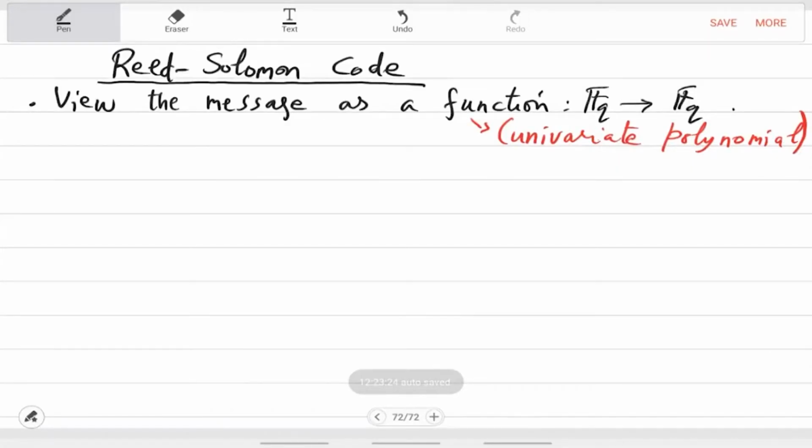Yeah, so you use the other representation, which is what we also did for polynomial multiplication, that you compute the polynomial and you send the function values. So if you send a lot of function values, even if some of them get corrupted, maybe Bob can devise a clever algorithm to recover the actual function.